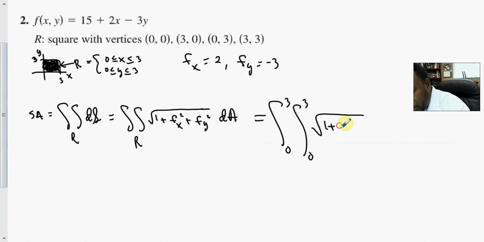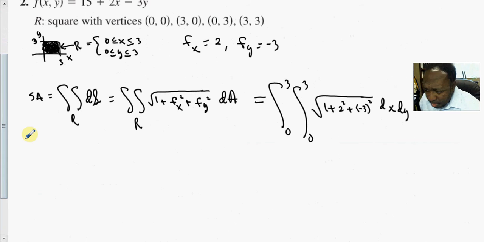So we get 2 squared plus negative 3 squared, and this is a square, so it doesn't matter about dx dy or dy dx, we get the same thing. So this is the square root of 1 plus 4 plus 9, so that's the square root of 14. Just put that out in the front.